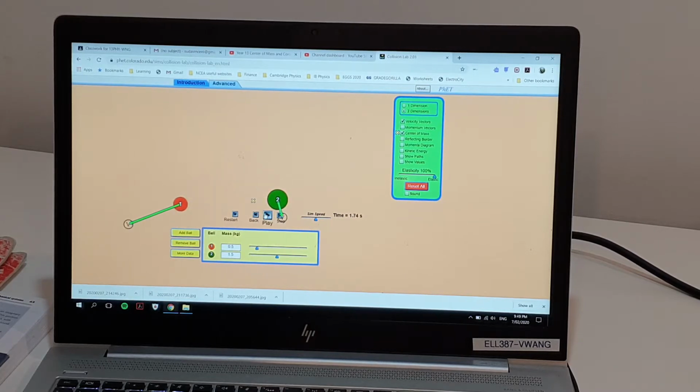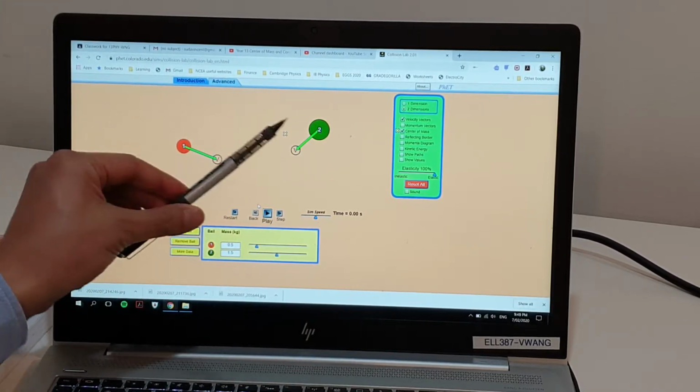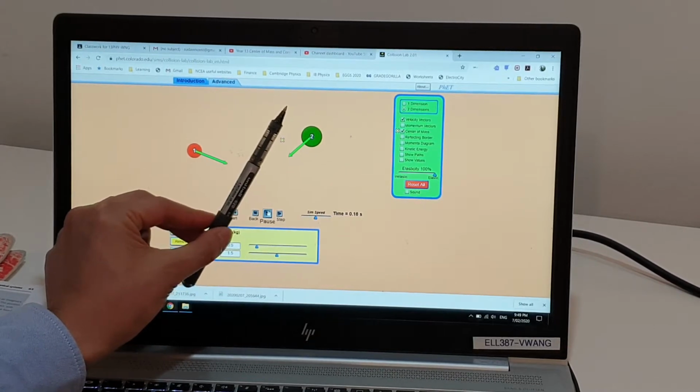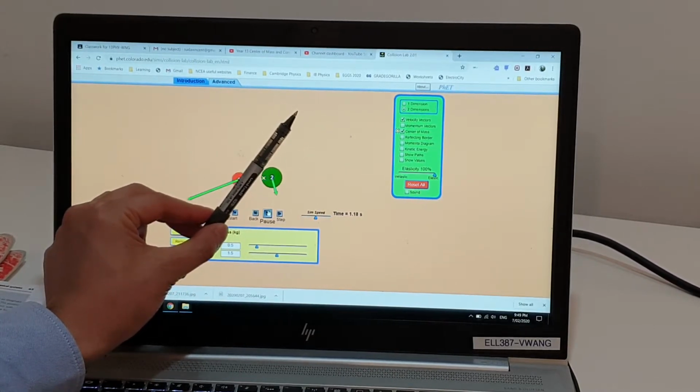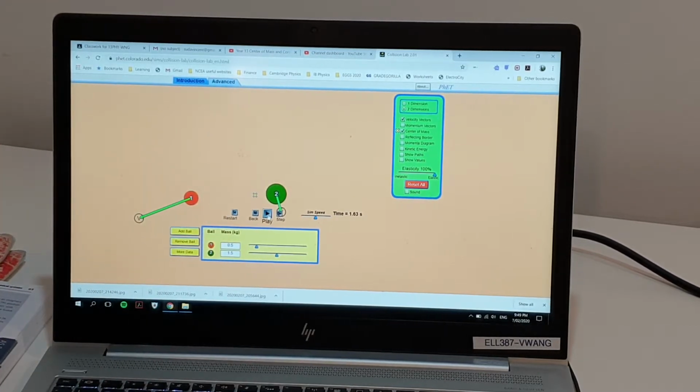After the collision, this one's going this way, this one going this way, but the center of mass is still continuing in the original direction with the same speed. I can restart it, and even using the pen as a reference, you can see how it goes down the same. You can see how this does not really change. Okay, so that is the center of mass situation with conservation of momentum.